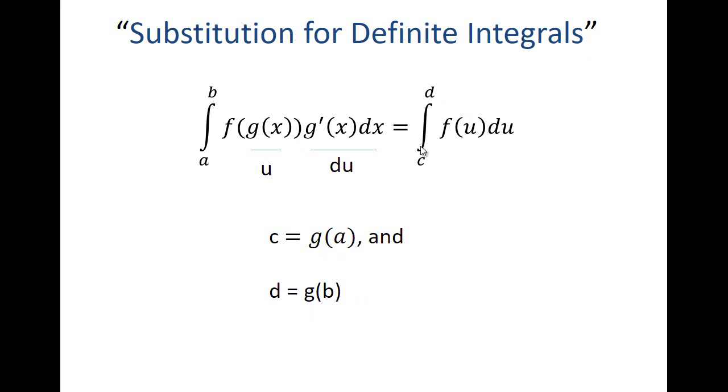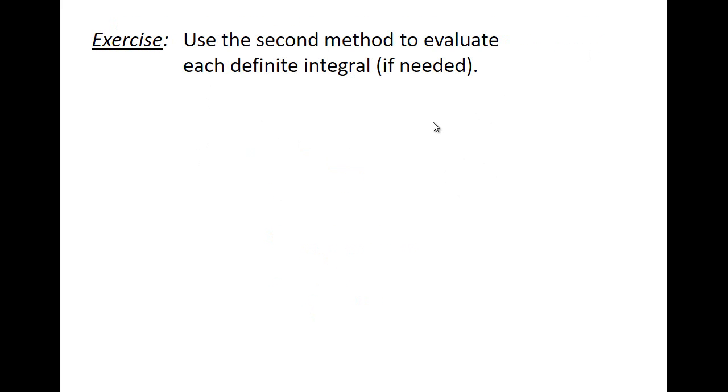Once we do that, we know how to find this by applying the fundamental theorem and so on. So let's look at some examples. Let's say here's the integral that I have, and let's do the u substitution. What should I pick for u?